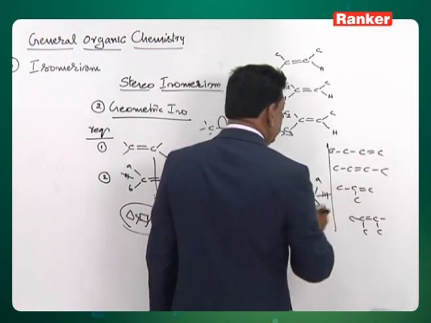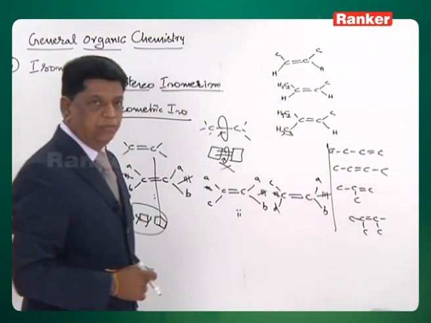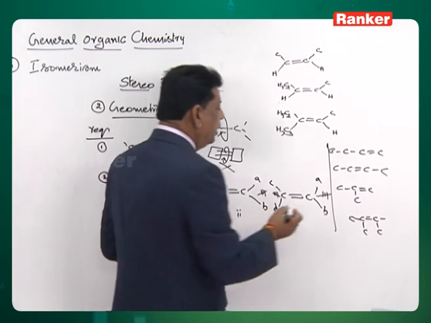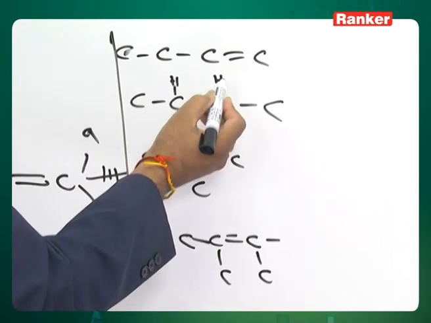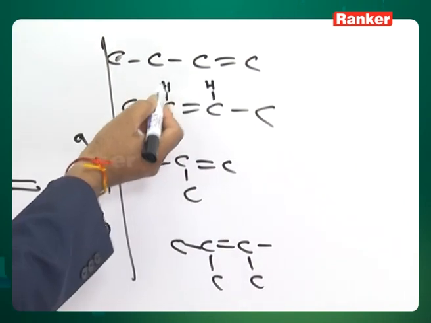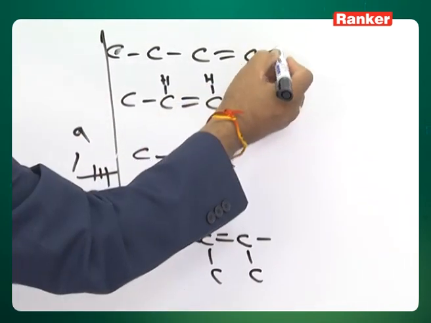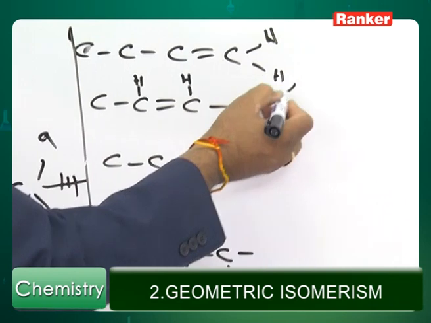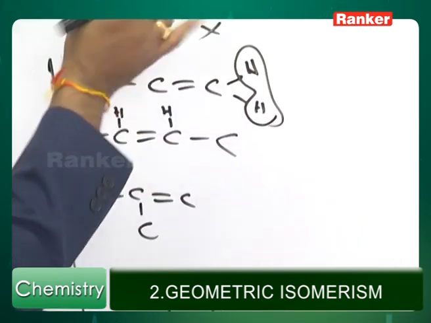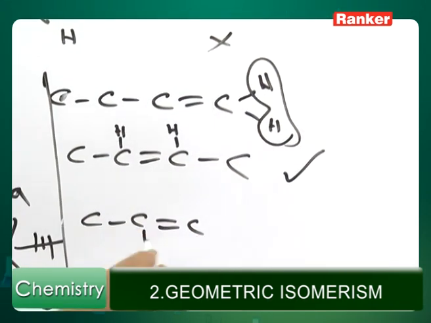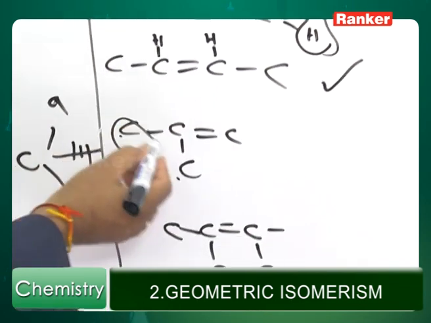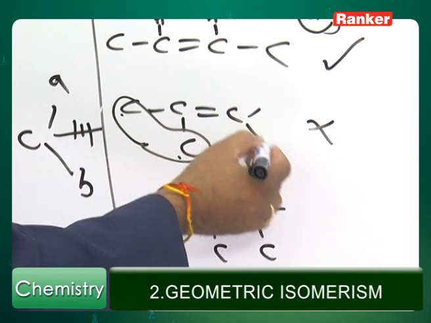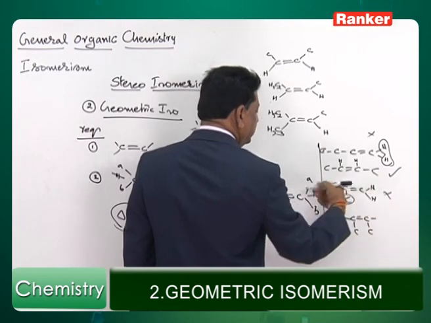Of all these four, which can show geometric isomerism? The middle one, if you observe carefully, has two more hydrogens, right? So hydrogen and methyl are not identical, hydrogen and methyl are not identical. Here you have identical groups, two hydrogens the same, therefore gone. Two methyls are the same, so gone. Two hydrogens are also the same, so not eligible.